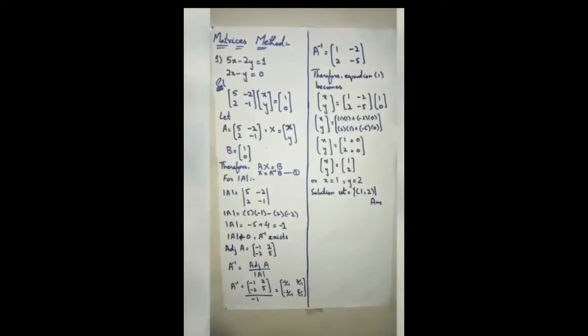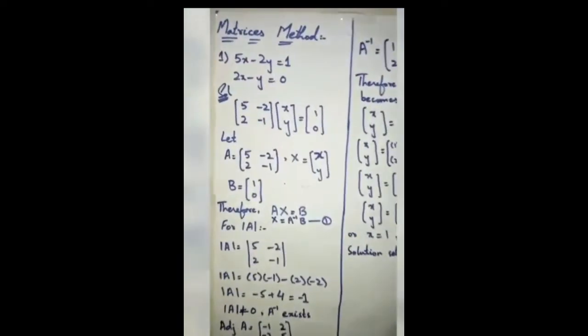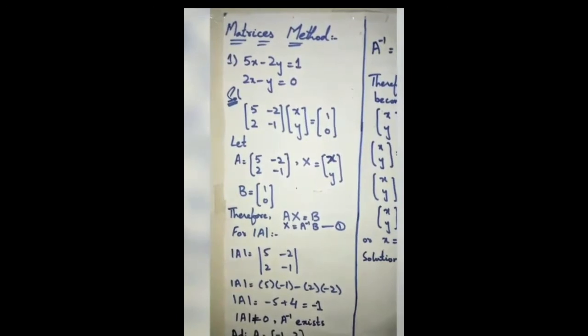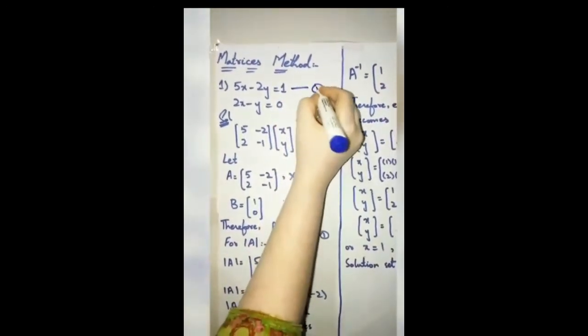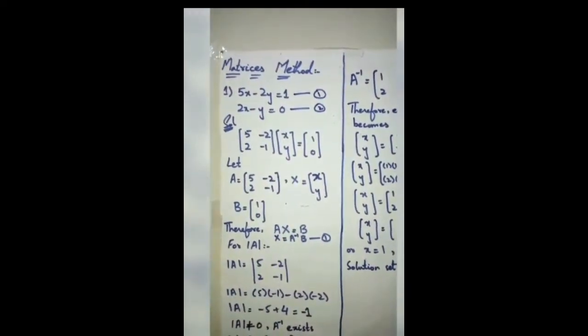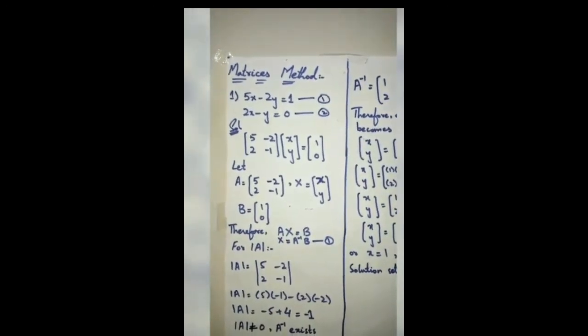Linear equations can be solved simultaneously with the help of the matrix method. Question number 1. 5x minus 2y equals 1 and 2x minus y equals 0. We have two equations and we have to find the values of x and y. In the first step, we will transform the equations into matrix form.